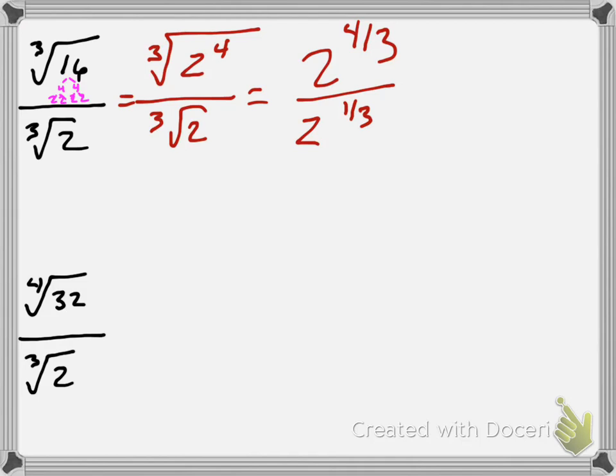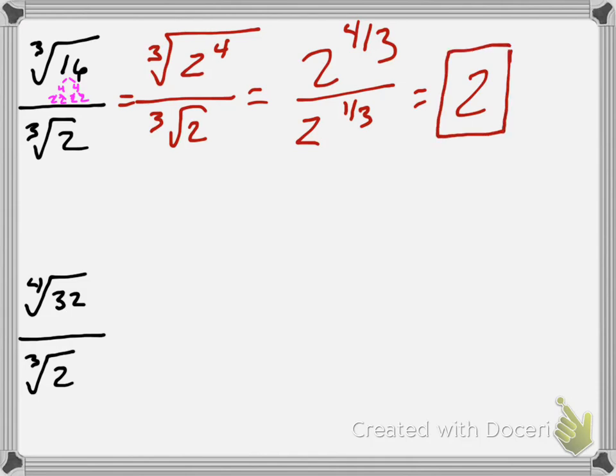Now, how do you deal with a problem where you have the same base and you're dividing? Here's an example of one that I'm talking about. How do I deal with x to the 7th over x to the 4th? Subtract the exponents. So that's what I'm going to do up there. What is 4 thirds minus 1/3? 3 thirds, commonly referred to as 1. So that answer is 2.